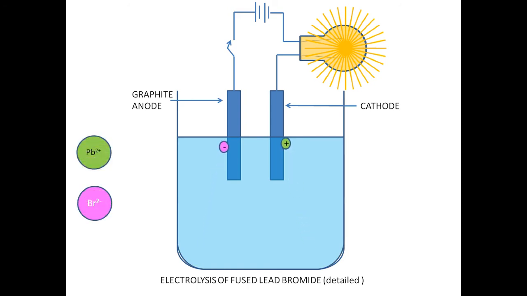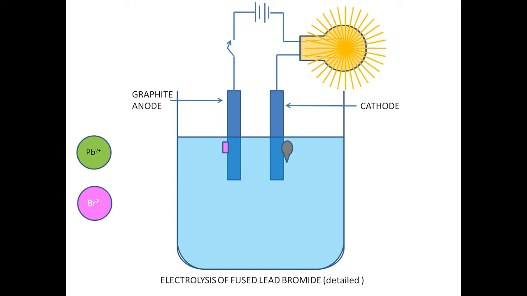Here you can see that when fused lead bromide is used, the bromide ions move towards the anode and lead ions move towards the cathode. And now you can see that the ions have changed into neutral elements. Lead has changed into lead metal and bromide has changed into bromine atom.